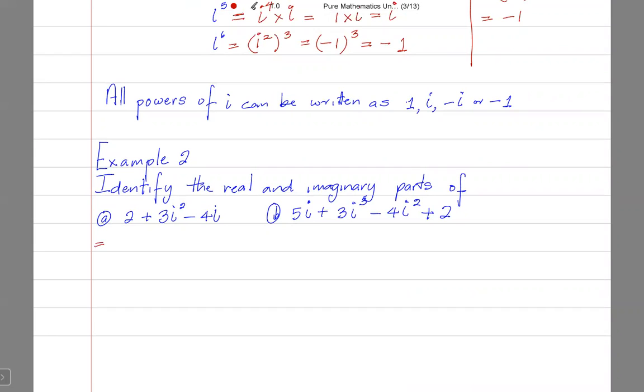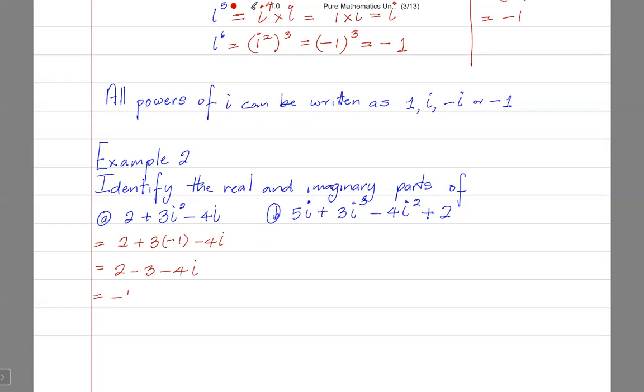So I might have to do a little working on it first before I do anything. So this is the same as saying 2 plus 3 times I squared, and I squared is -1. So this is 3 times -1 minus 4i. All right, we need to get into our heads the idea that I squared is -1. So this becomes 2 minus 3 minus 4i.